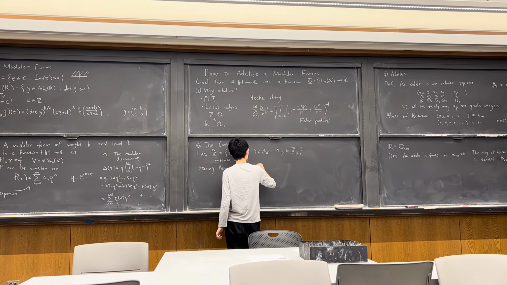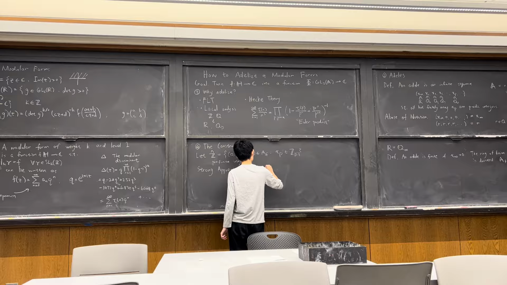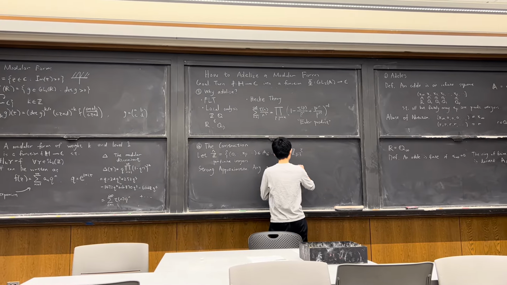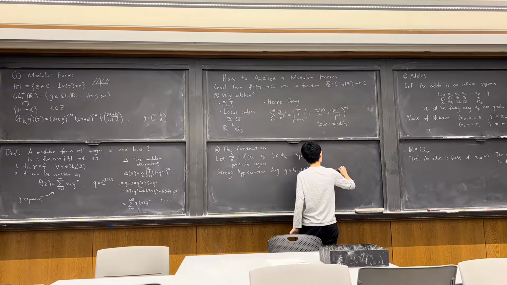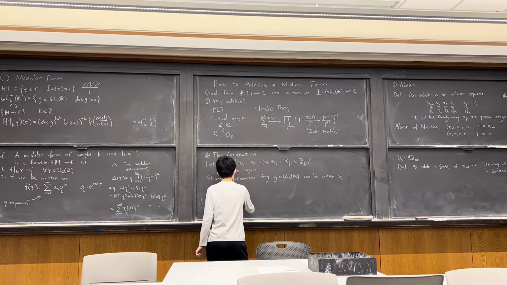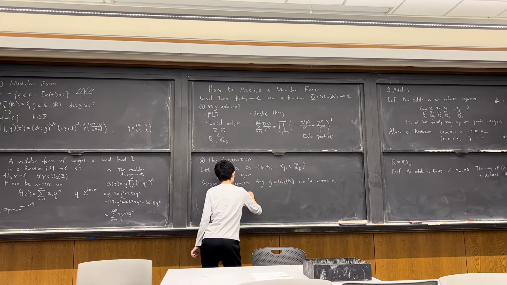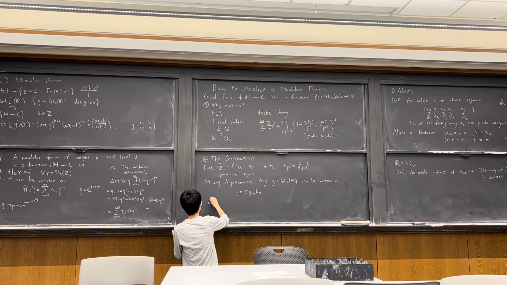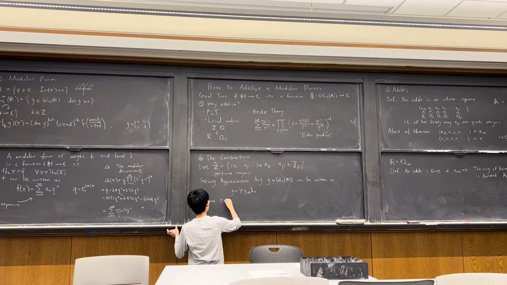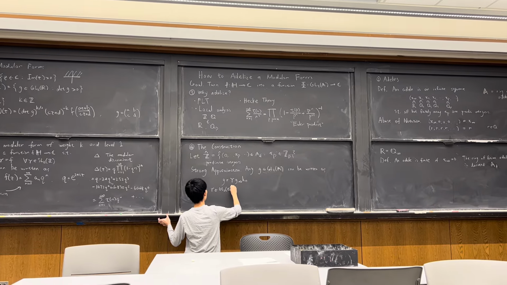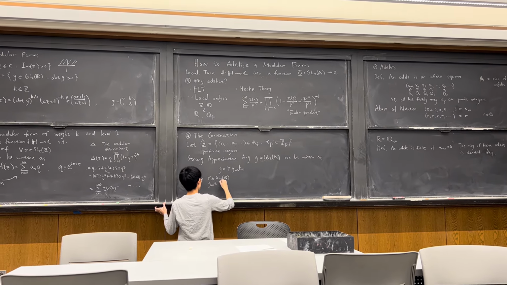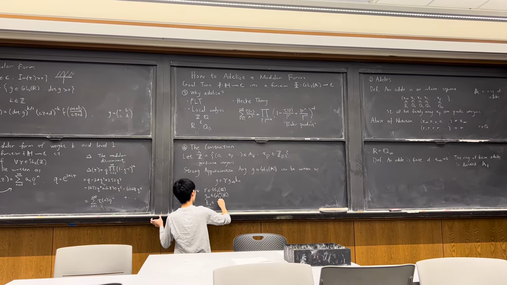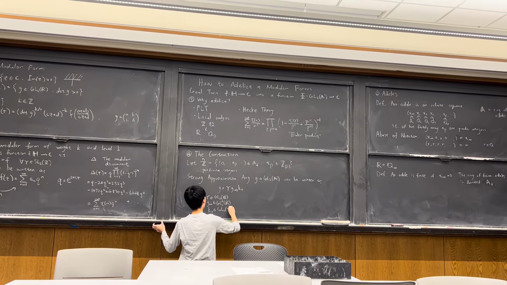If I have a matrix g which lies in GL2(A), it can be written as g equals gamma times g infinity times k0, where gamma lies in GL2(Q), g infinity lies in GL2+(R), and k0 lies in GL2(Z hat).